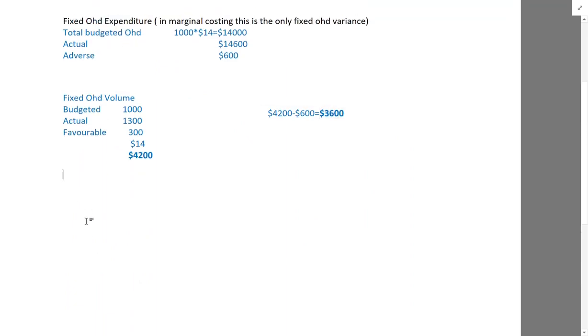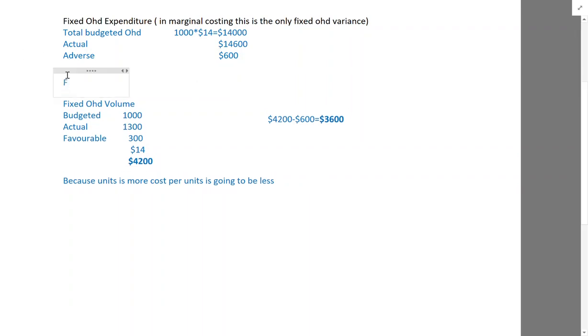Now the explanation of this is very important, because if units are more, cost per unit is going to be less. More cost is adverse.